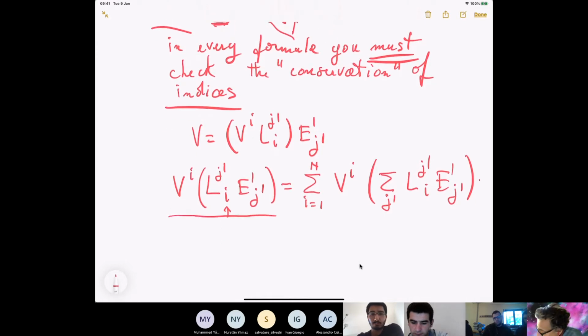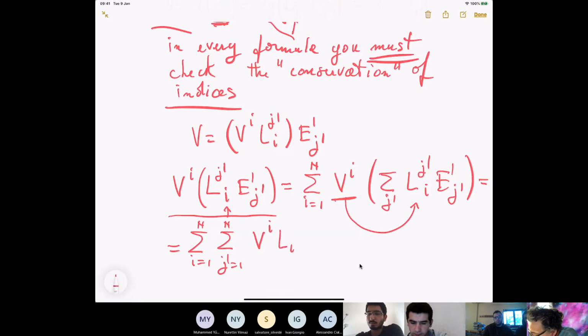Now, summation over i from 1 to n, v_i can go inside the second summation. This is distributivity of product with respect to summation. So you can write in this way. And then you have v_i L_i j' e'_j'.